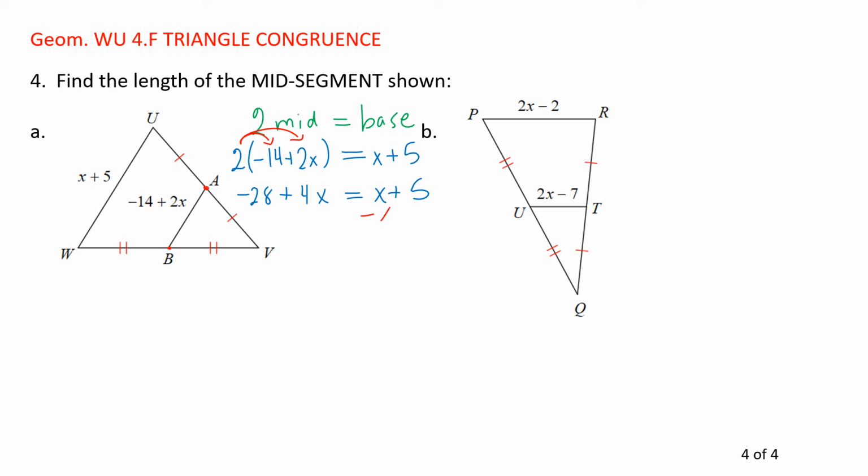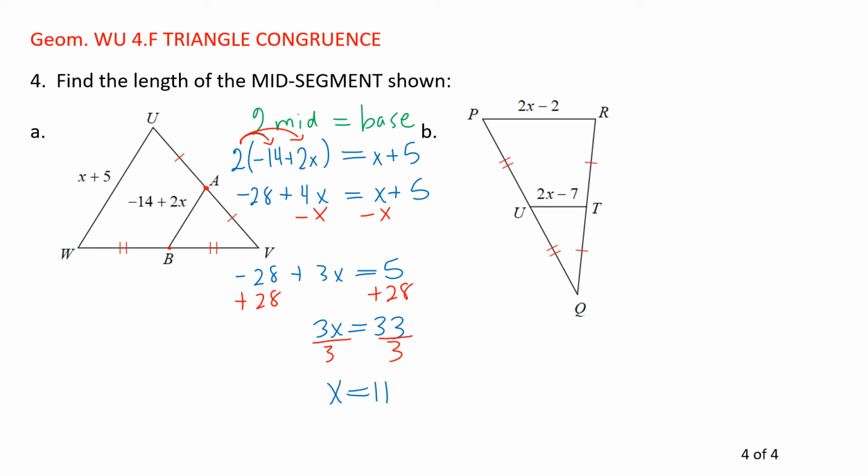Can't solve this one as long as the variable appears twice. X equals 33. Looks like X is going to equal 11, but be careful and make sure you plug back in if that's what it's asking for.